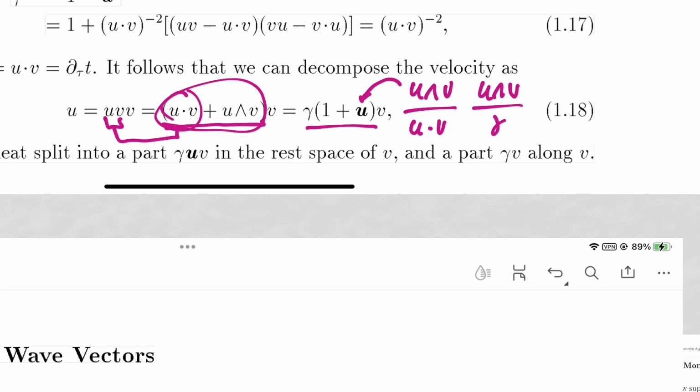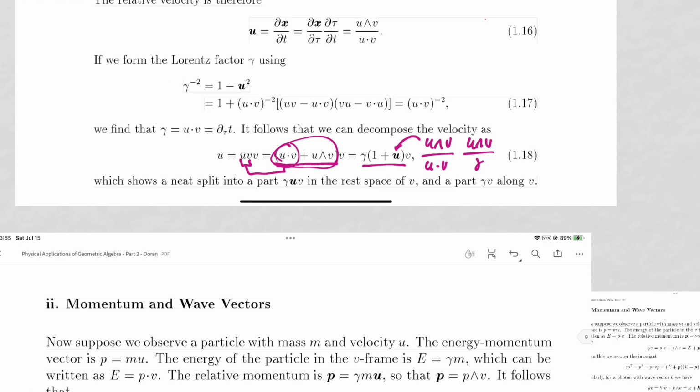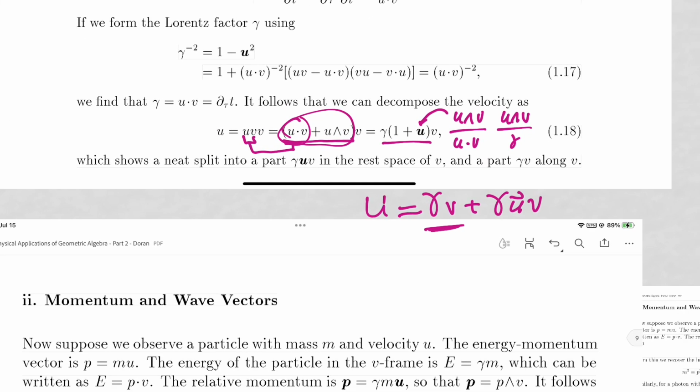And what we're supposed to take note of is that u can be split using this very easy form into u is gamma v plus gamma relative vector u v. And this is the component of the velocity u in the direction of the velocity v, sort of the time-like part.